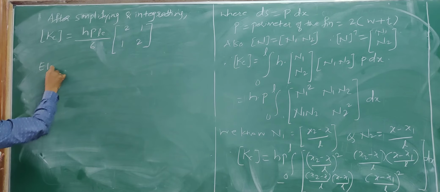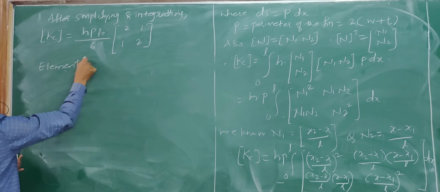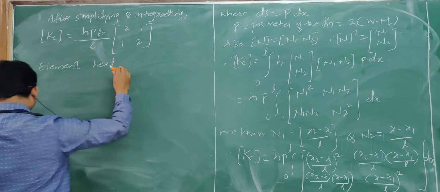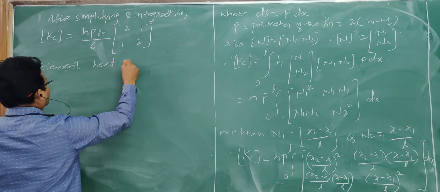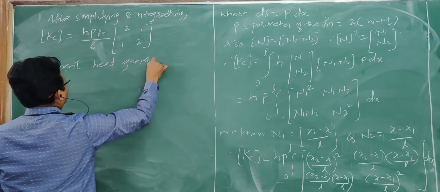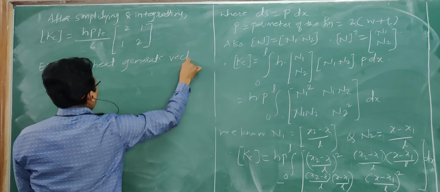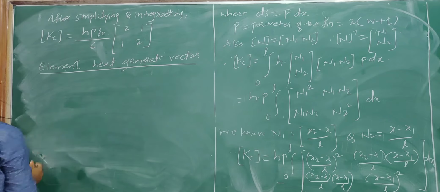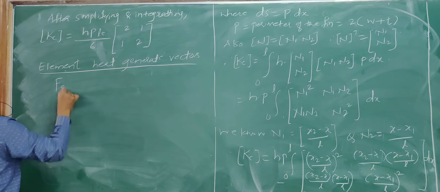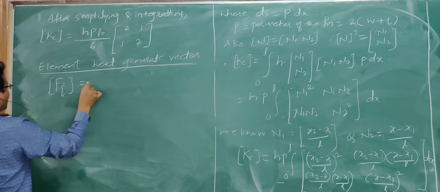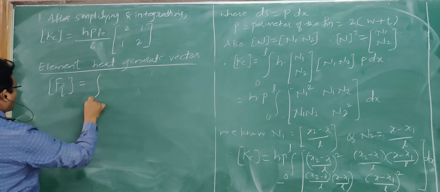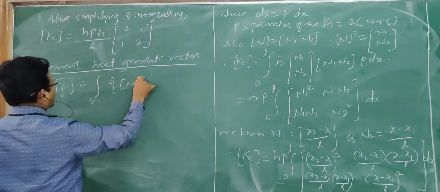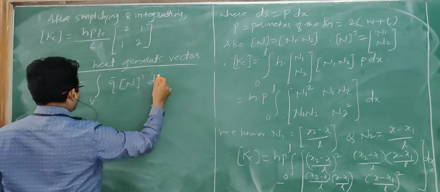So it is called the element heat generation vector, which is given by f of q bar equals the integration over the volume of q bar into N transpose dV.